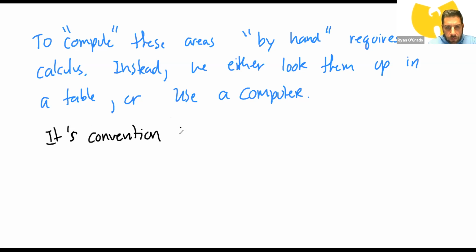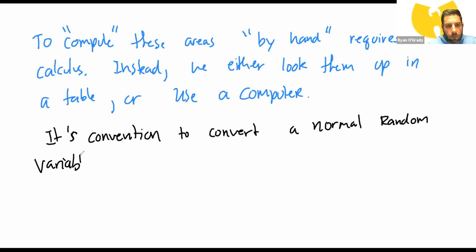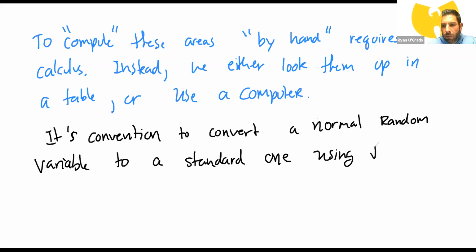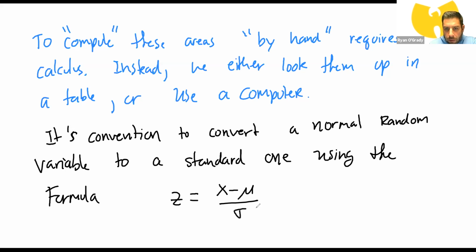So it's convention to convert a normal random variable to a standard one. And we gave you the formula: Z equals X minus mu over sigma.